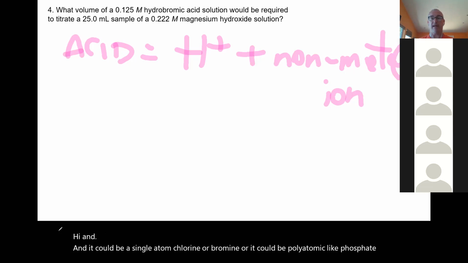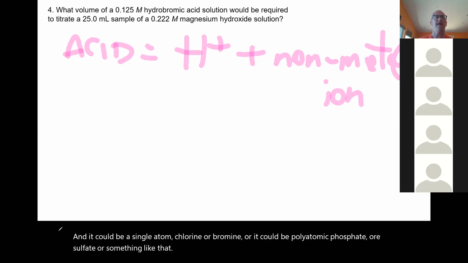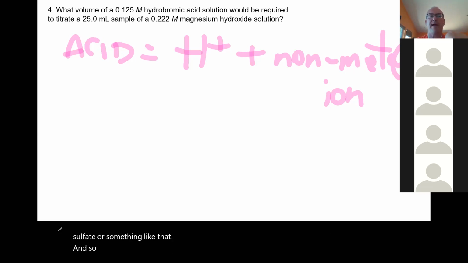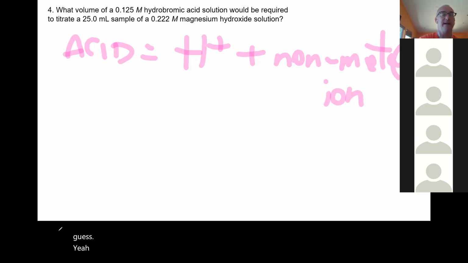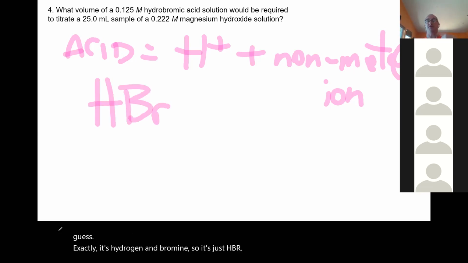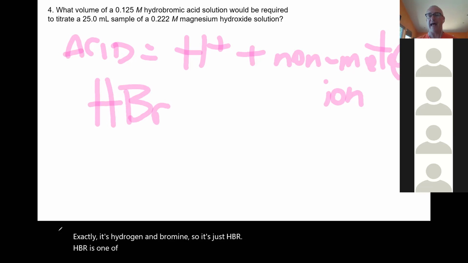And so here we have hydrobromic acid. What do you think hydrobromic acid is, if you had to guess? Hydrogen and bromine combined. Yeah, exactly. It's hydrogen and bromine, so it's just HBr. HBr is one of the strong acids.